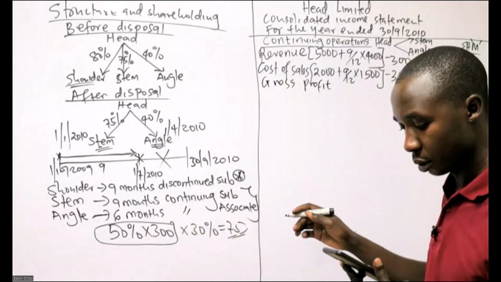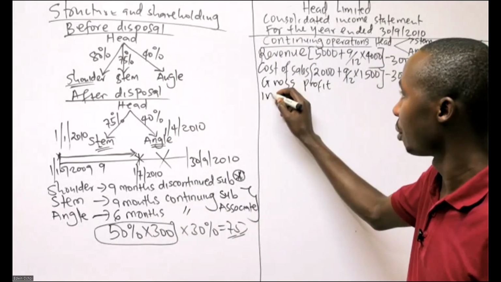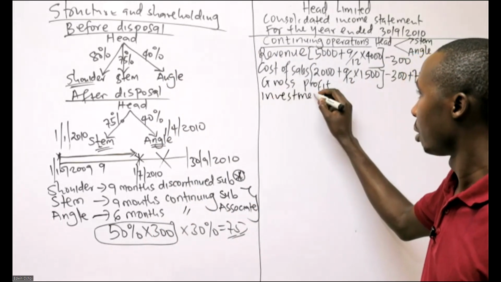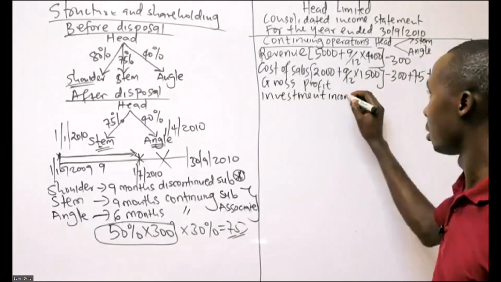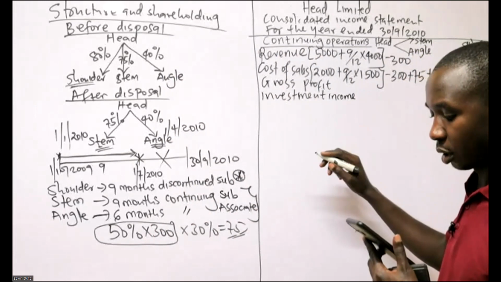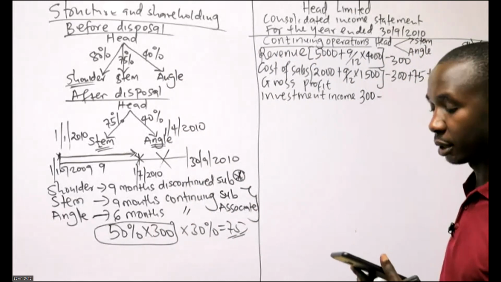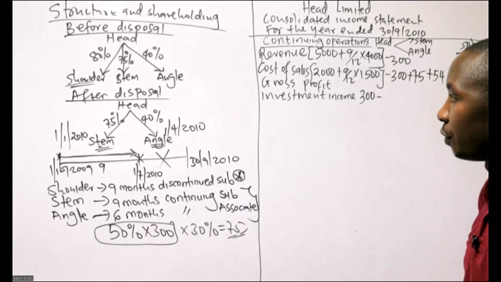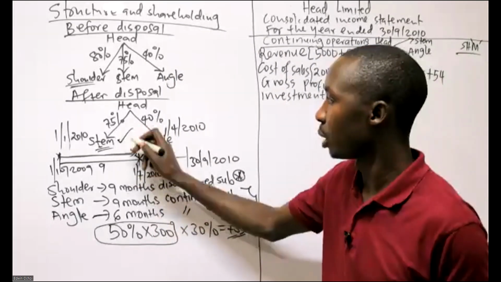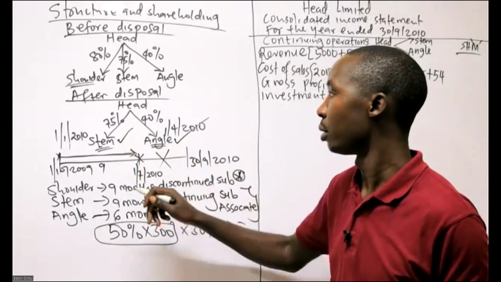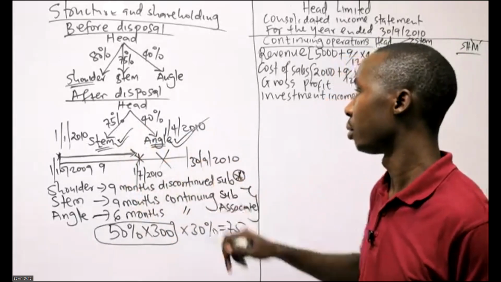After gross profit, there's investment income. The investment income is 300. You need to minus dividends or interest paid by these companies. Now you need to consider both STEM and Angle.